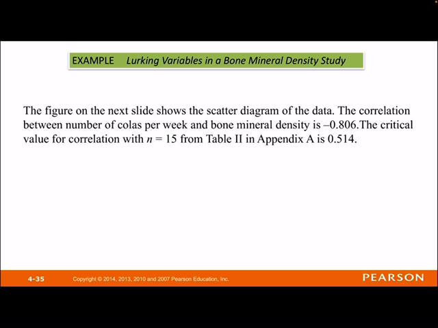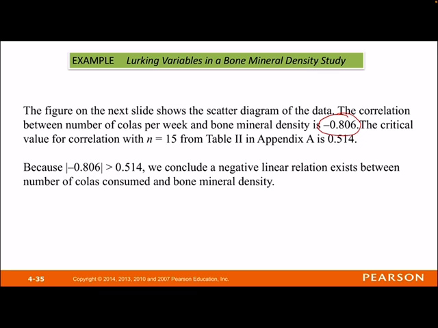The correlation between the colas per week and bone mineral density is negative 0.806. Again, that's your R value. The critical value for the correlation with n equals 15 from table 2 in appendix A is 0.514. So now all we're going to do is take the absolute value of your R value here.